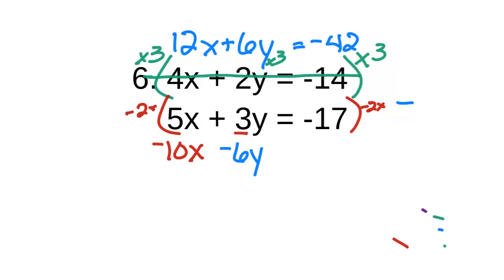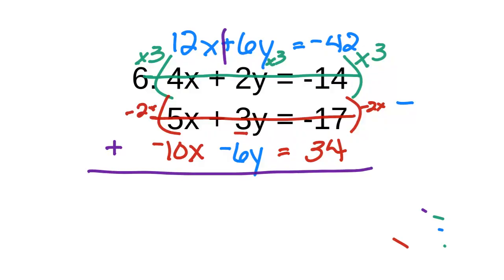Negative 2 times 3 gives me the negative 6y, and negative 2 times negative 17 is positive 34. Put a line through that, and here are my two opposites that have opposite signs, 6y, negative 6y. Those are what would cancel out.